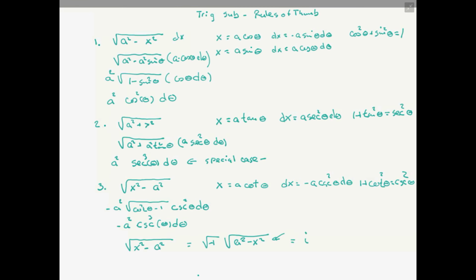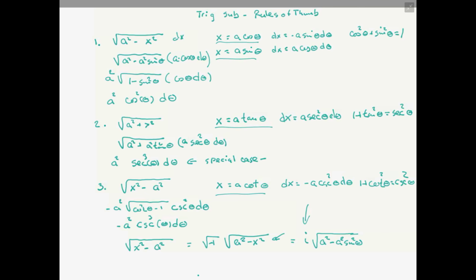We would have i, which is the square root of negative 1, a squared minus a squared sine squared theta. So we could do it that way, but then we have an imaginary number, and it's going to be a little cumbersome working with that. So there are various ways of dealing with this, but these are generally the 3 rules of thumb: this case, that case, and this case up here.